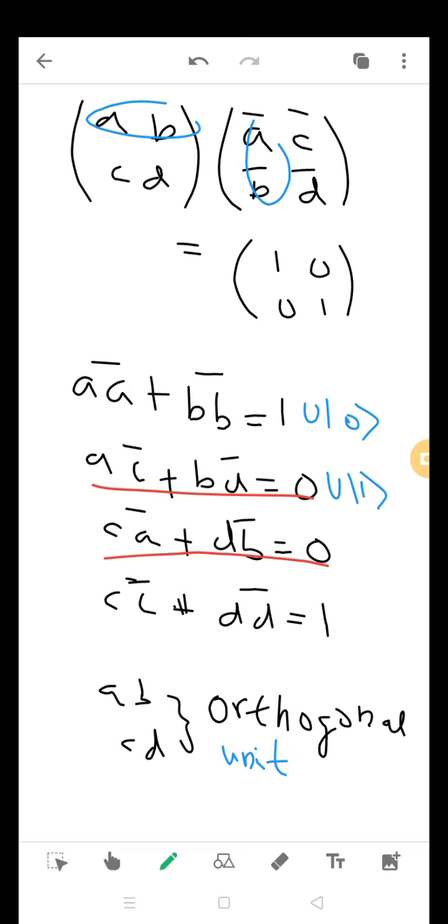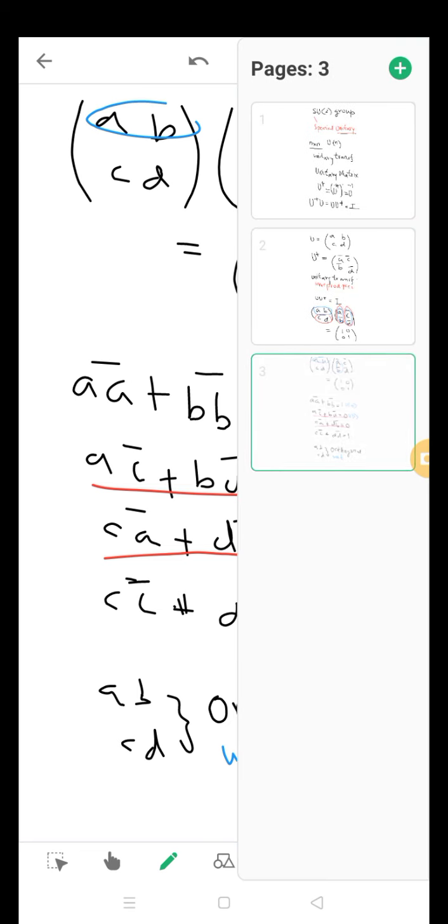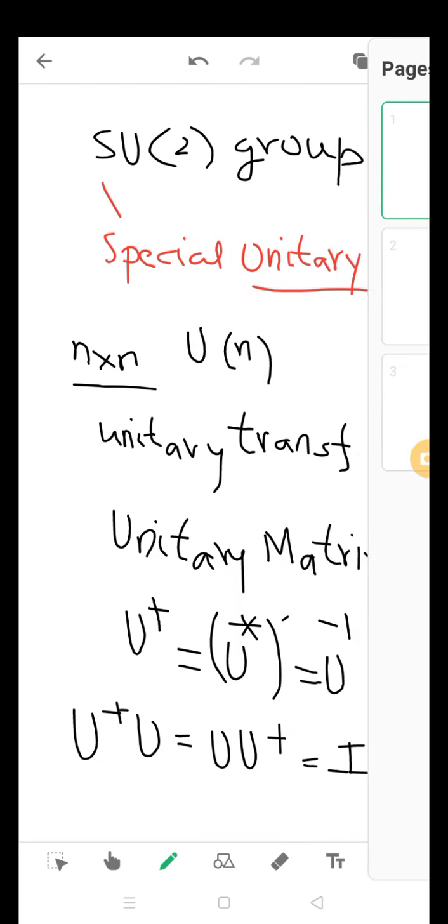It means that if a rotation is taking place in a vector space, then the inner product is being preserved. This is actually what is meant by a unitary transformation: the preservation of the inner product. So this is what we initially started with.